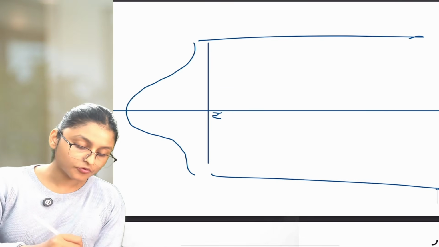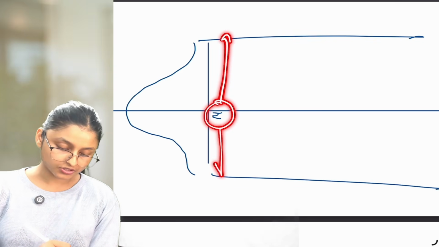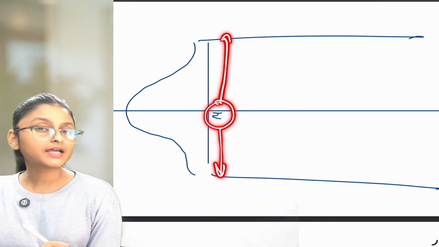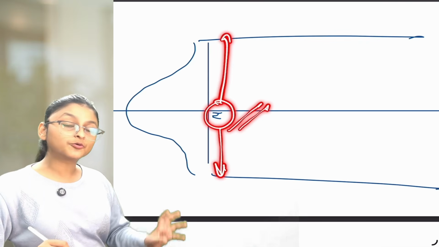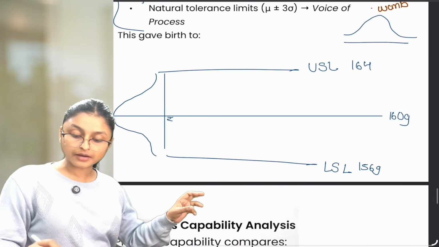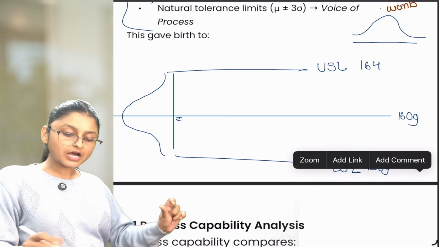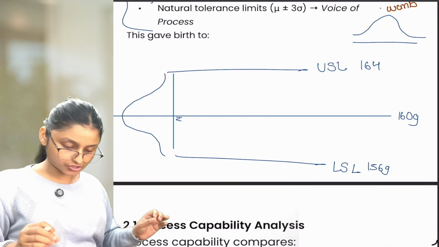Now, whenever we move from mean, that is average, whenever we move on the right or the left side, is there any variation, and that is why are we moving? Answer is yes. If you are able to produce the output on the basis of 160 gram itself, then there is no variation. But if the output goes somewhat here or somewhat here, that means there are variations.